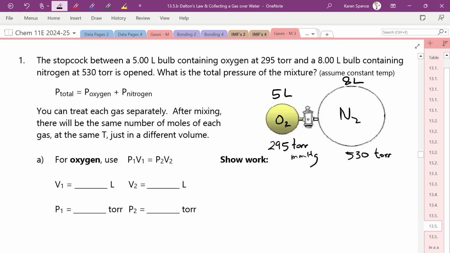Okay, so V1 of oxygen is 5 liters. Once we have opened this, that's the key. So we open the valve between them. The total volume will be 5 plus 8, which is 13 liters.